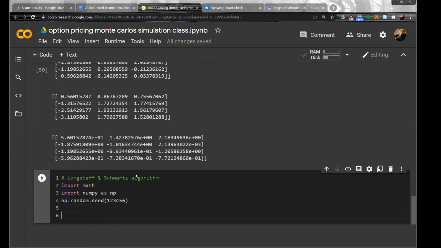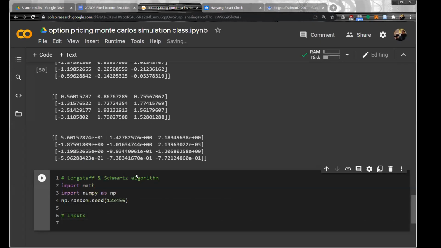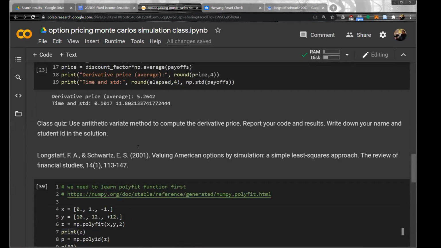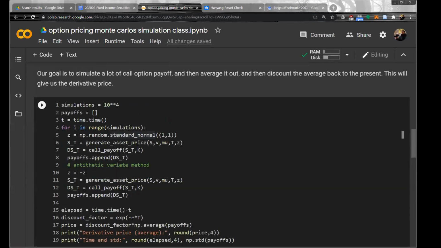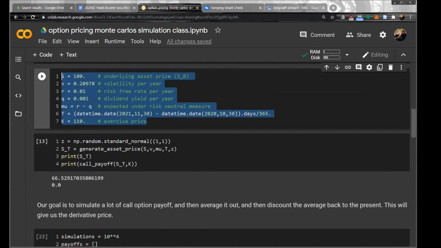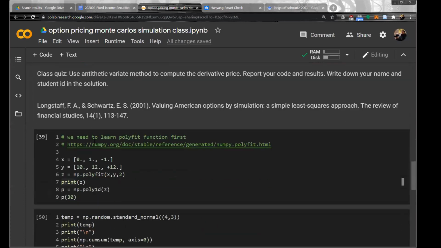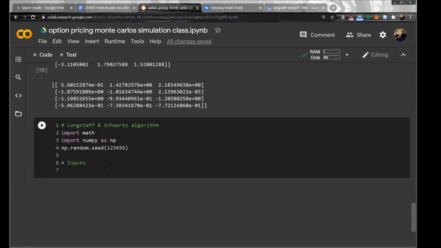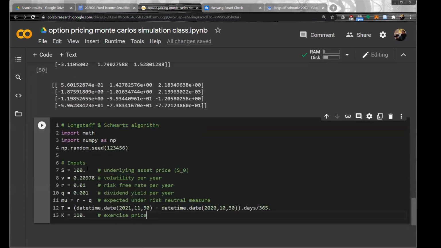And then the next step is input specification, the inputs. They are basically the same as the previous one. Let me reuse them over here.